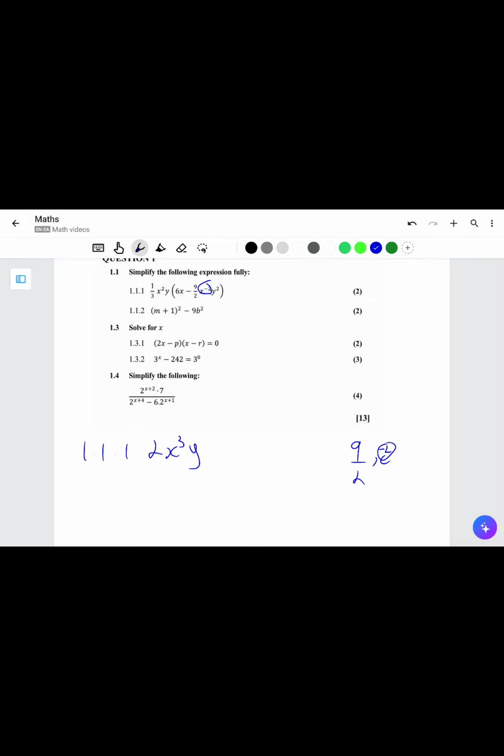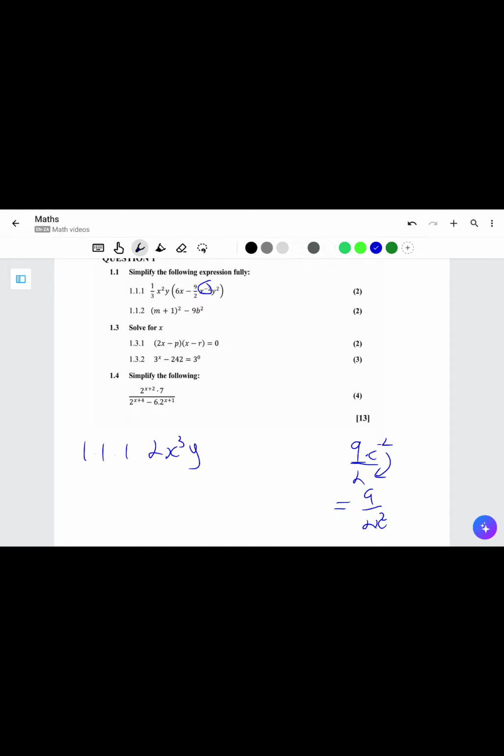Remember, this x to the minus 2 is actually sitting on the numerator. So if we take this down over here and make it 9 over 2x squared, now you're sitting with a positive.